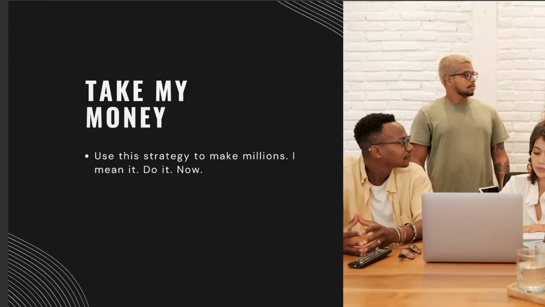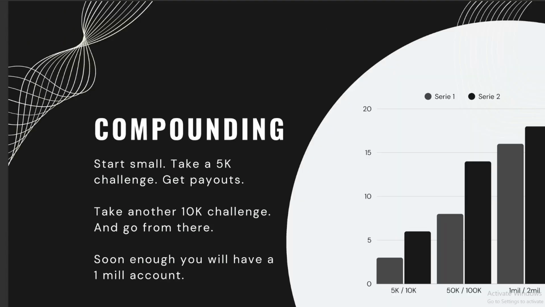So use the strategy to make as much money possible. And so remember about compounding. Start small. If you can, take a 5k challenge, get payouts, take another 10k challenge, go from there, okay? Get as much money as possible.